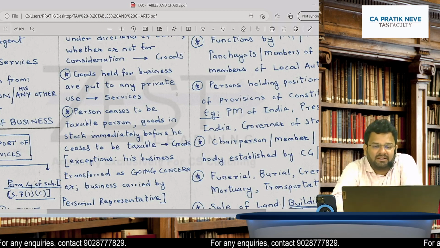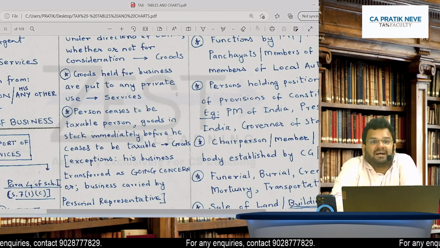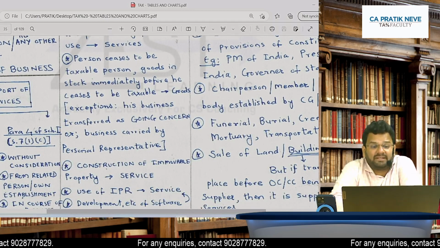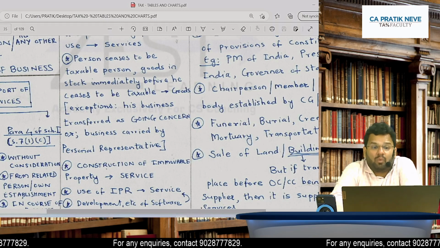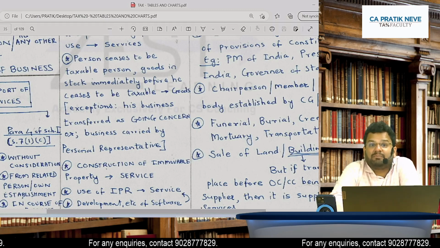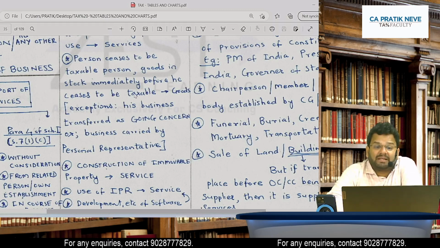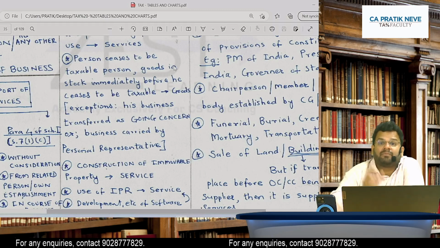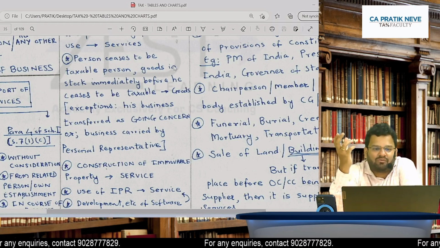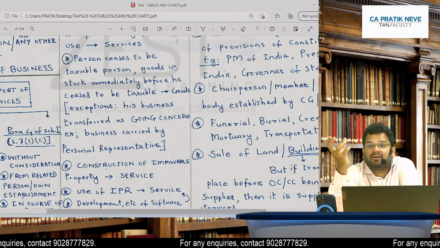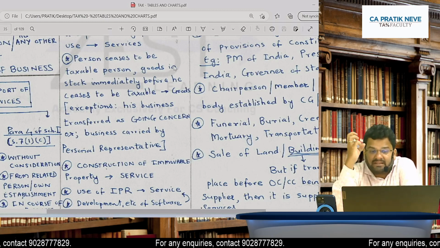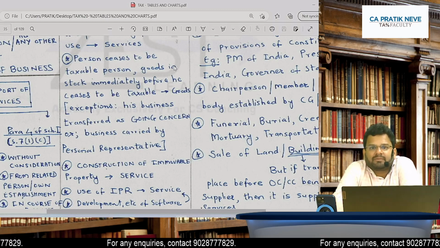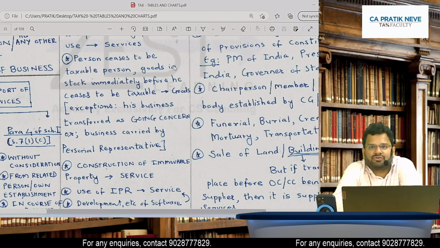What are all these things? All these things are supply of services. Then you know, friends, that when I am winding up my business, when a taxable person is ceasing to be a taxable person, then whatever stock of goods he has at the date of winding up is deemed to be supplied. So it is supply of what? It is supply of goods.